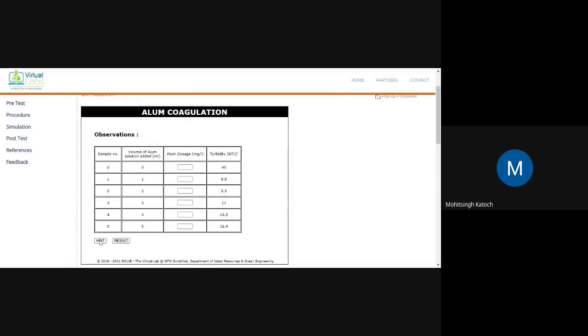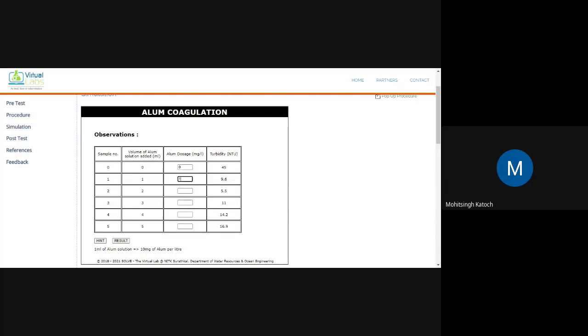We will first check the hint. So they have given the hint as if 1 ml of alum solution is added, it is equal to 10 milligrams of alum per liter. So as 0 ml alum solution was added here, we will write 0 milligrams per liter as per this value. 1 ml means 10 mg.